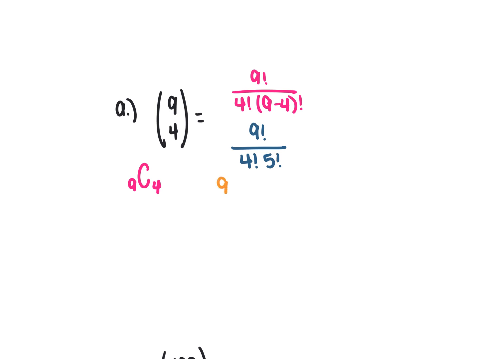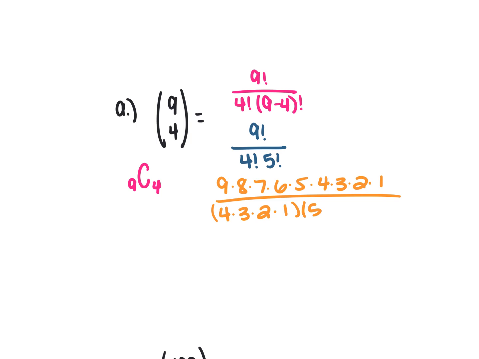This is just saying 9 times 8 times 7 times 6 times 5 times 4 times 3 times 2 times 1 all over 4 times 3 times 2 times 1 times 5 times 4 times 3 times 2 times 1. Your 5 down to 1 is the same on the top and the bottom, so we'll cancel those out.